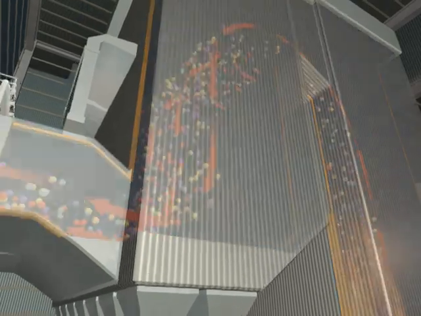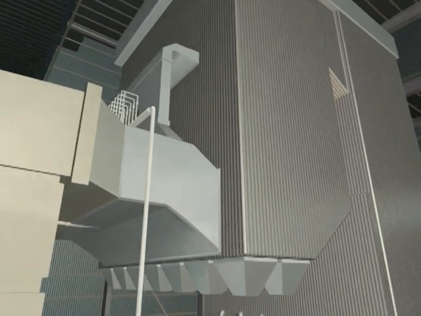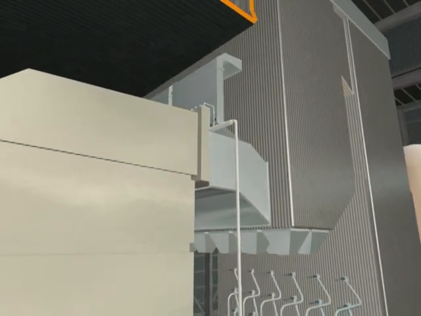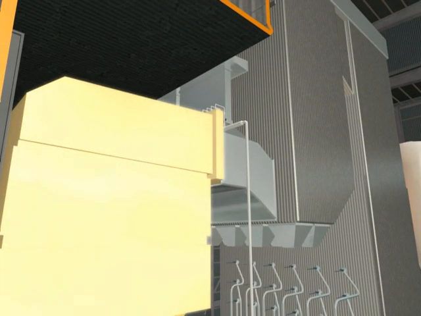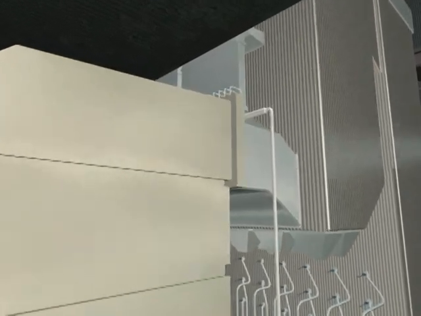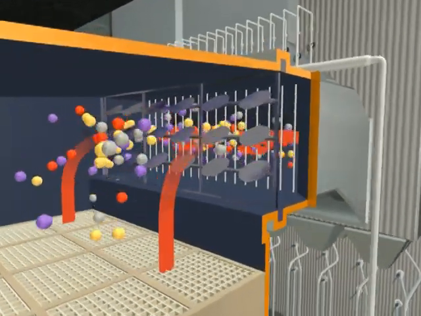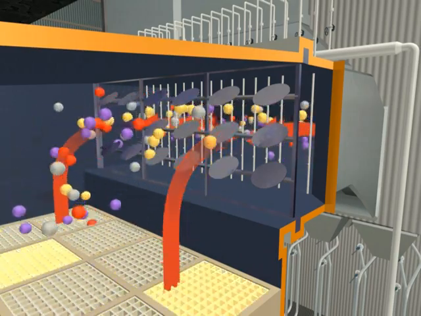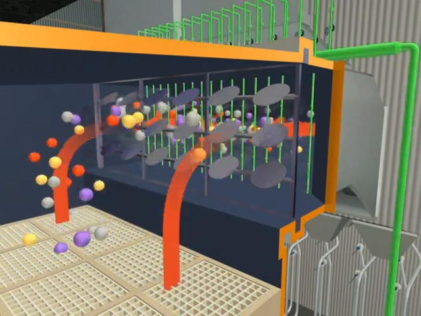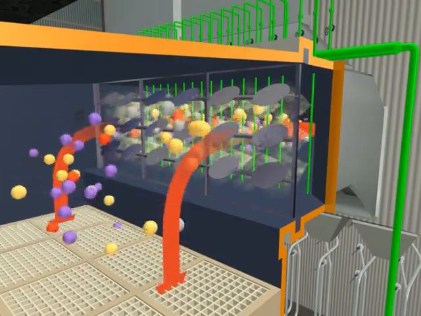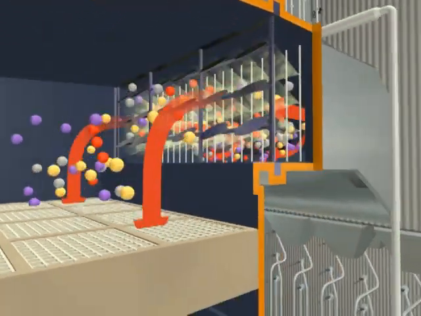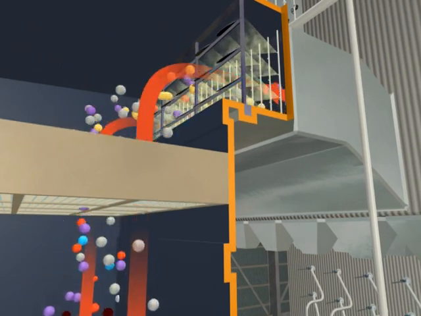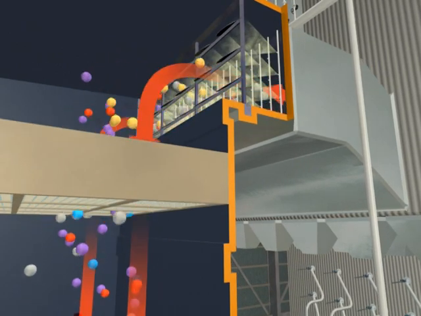The exhaust gases first pass through a selective catalytic reduction unit, or SCR, to break down the nitrogen oxides. The SCR contains modules with many plates coated with a chemical forming a catalyst. To begin the chemical reduction process, ammonia is injected into the gases. As the ammonia and nitrogen oxides pass through the plates, a chemical reaction breaks them down into nitrogen and water vapor.